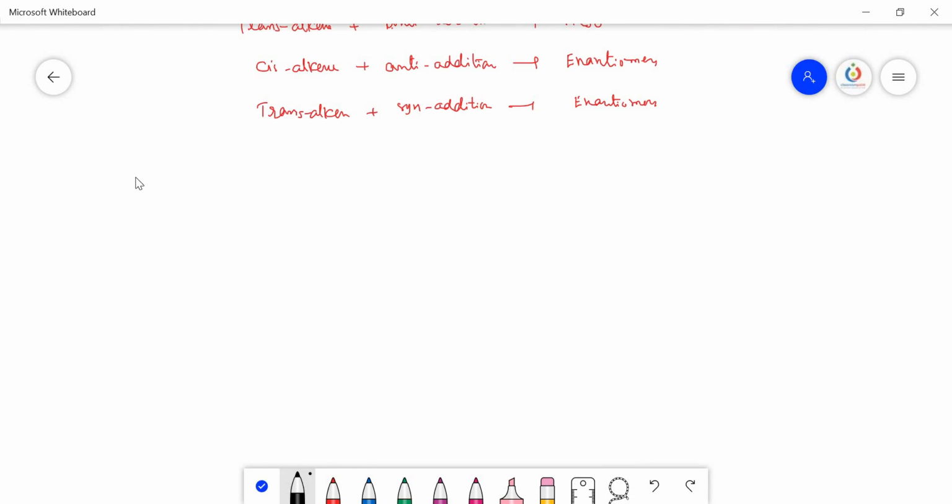So the example is, let's take this alkene, subjected with metachloroperbenzoic acid, MCPBA. So we got an epoxide.